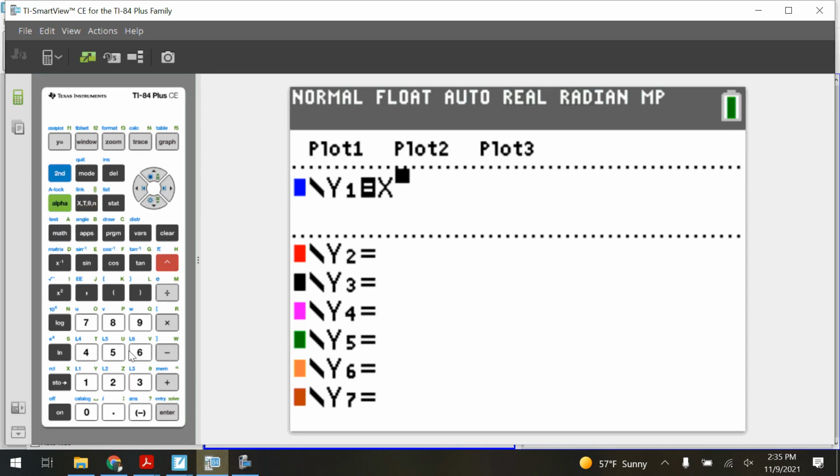So I have x to the 4th plus 2x cubed minus 2x squared plus 1.